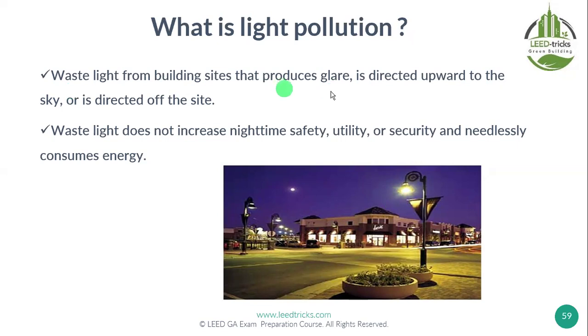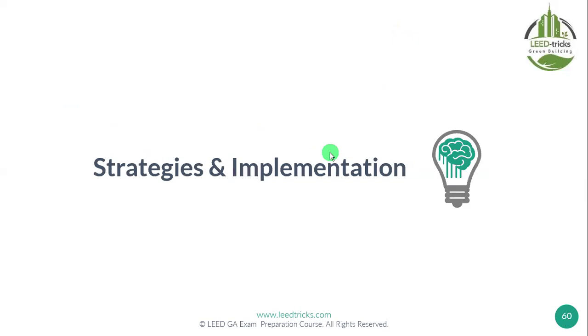So sites that produce glare, sites that give light to other sites nearby, excessive street light with no cover. We call it cover the light, to give the light downwards, not to the sky. So all this will not increase the safety and will not give any security, and it will consume energy because it's extra light.